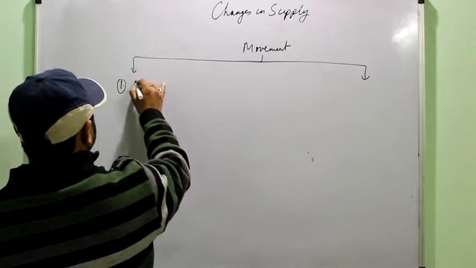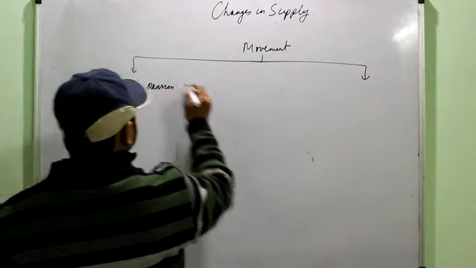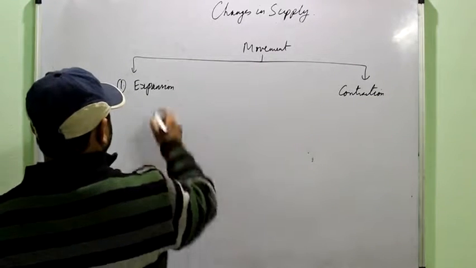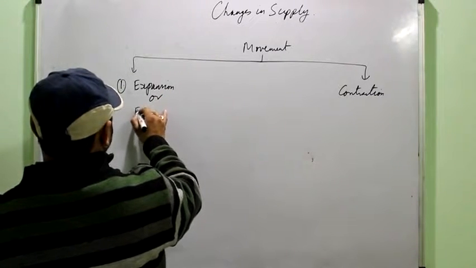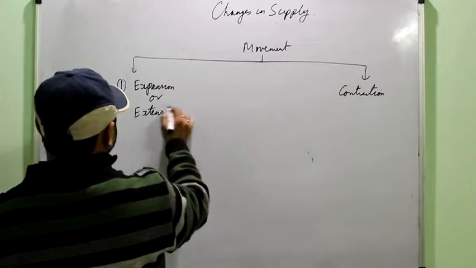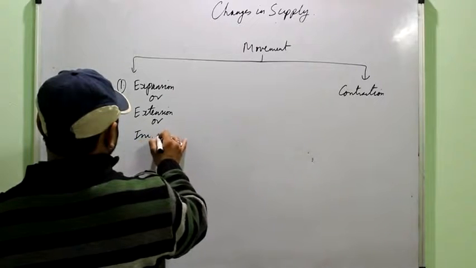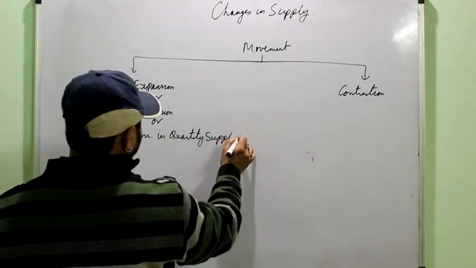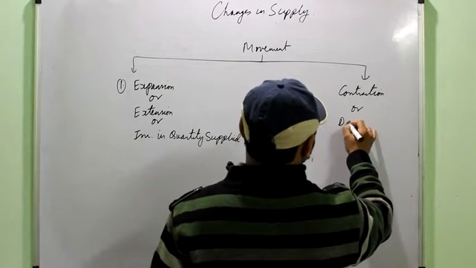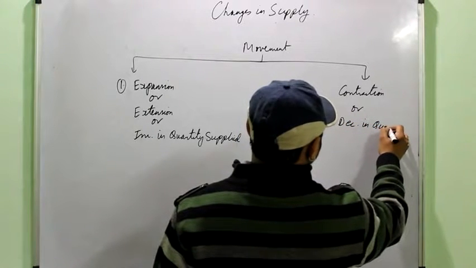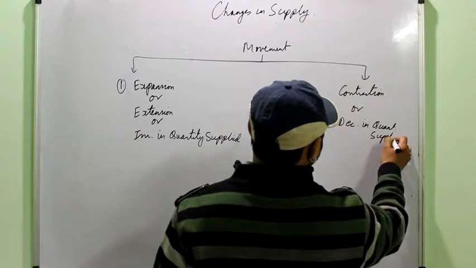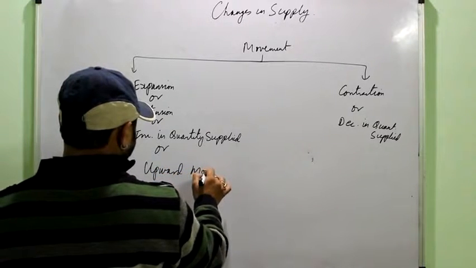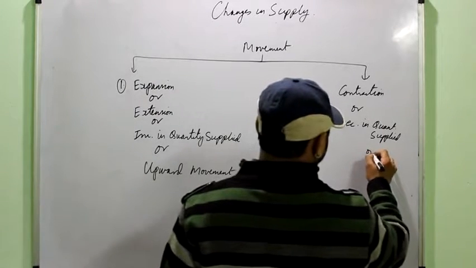So we have two types of movements: expansion, also known as extension or increase in quantity supplied, also known as upward movement; and contraction, also known as decrease in quantity supplied, also known as downward movement.